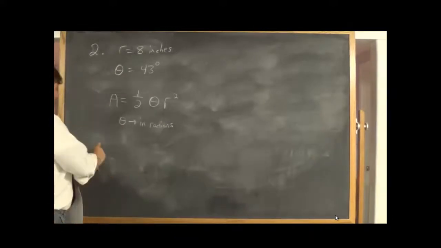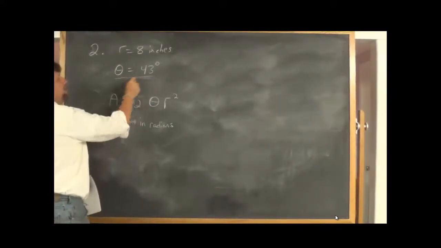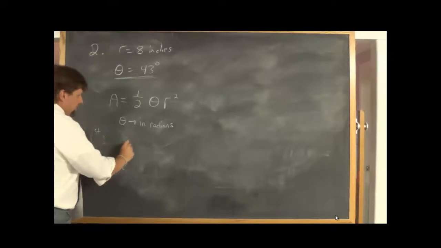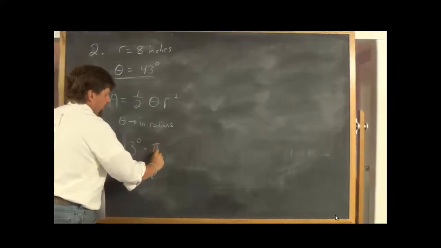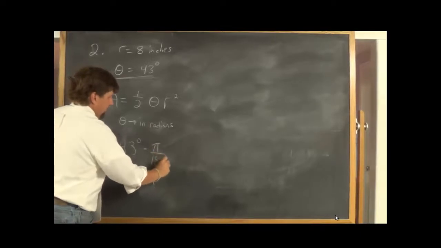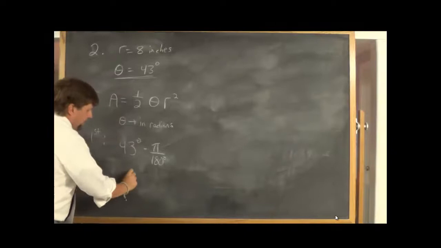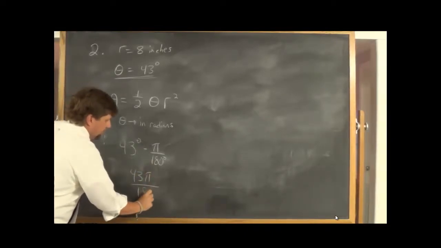So the first thing we have to do here is take our given angle, 43 degrees, and convert that to an angle in radian measure. So we just take our 43 degrees and multiply it by pi over 180 degrees. Again, you'll get your degrees to cancel out. So we get our angle to be 43 pi over 180.